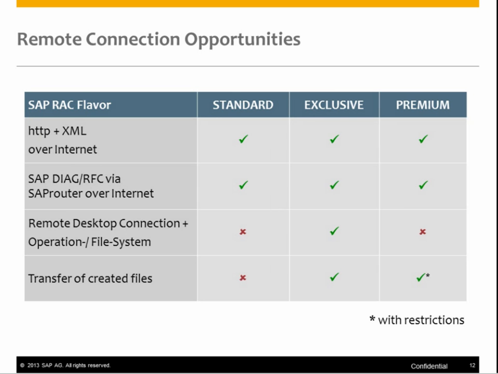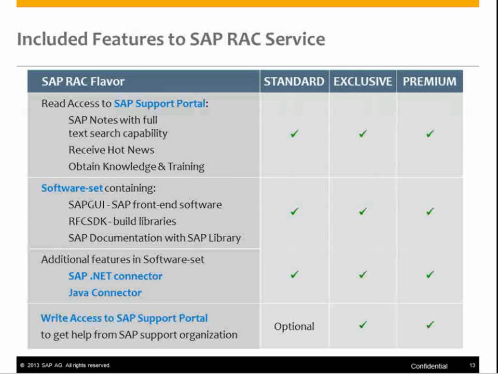Then the included features of the SAP RAC service. There is read access to SAP's support portal, where you will find the so-called SAP notes with full text search capabilities. SAP notes contain information about all occurred bugs that are resolved, suitable information on particular configuration, and things like that.